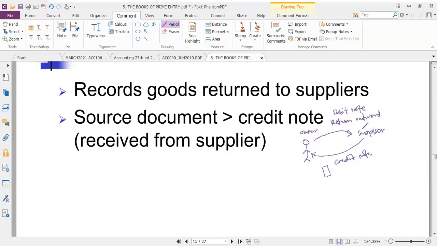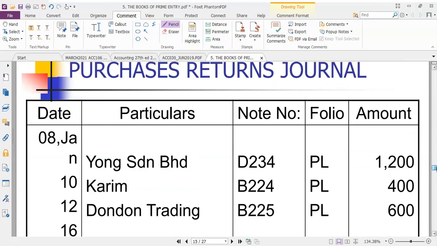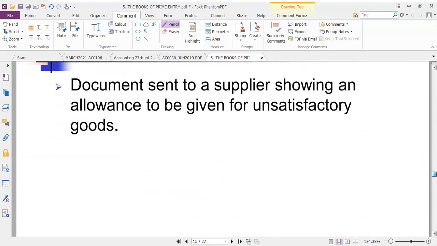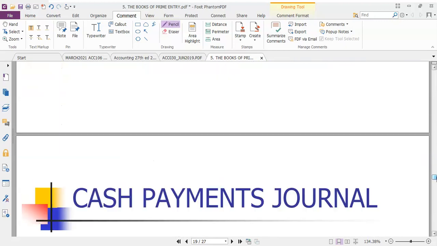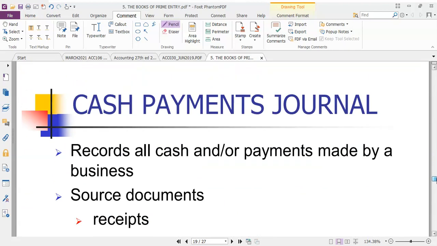Okay, the parties that want to return back the product will issue debit note. Okay, itu bezanya antara debit note dengan credit note. Okay.